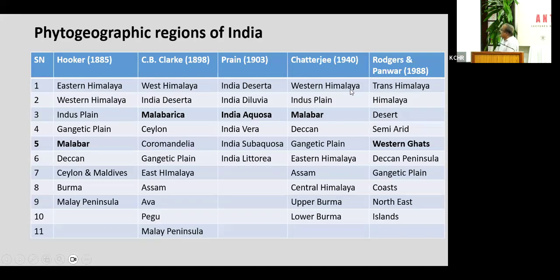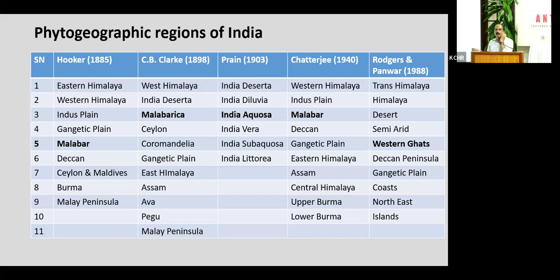Yeah. So, after looking at the entire flora of the country, the various phytogeographers have divided the country into different phytogeographic regions. And one unique thing that you can find is that all are having the Malabar or the Western Ghats without much problem.